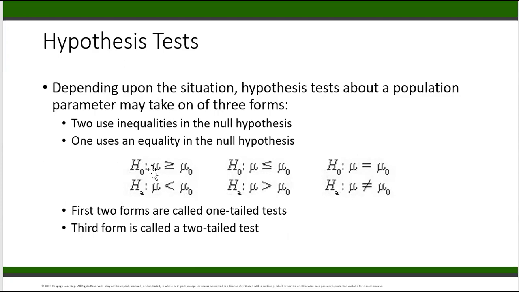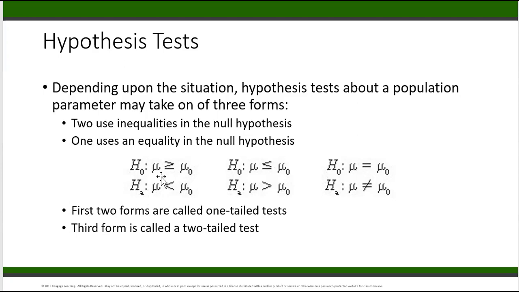So when we are testing the value of the population mean for just one population, for example one class or one school, to see if it's less than a specific number.